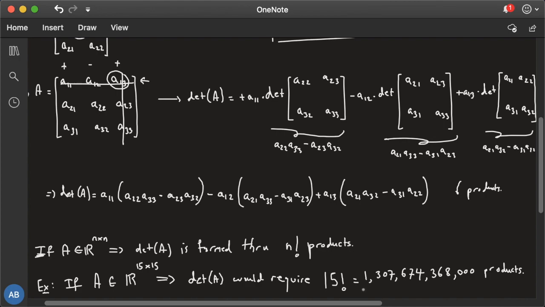That's a lot. Okay? So the thing to keep in mind is that the determinant requires a massive amount of product computation. As you can see right here, this is an unbelievably huge number of products, and it would be futile to try to use the definition of the determinant even with a computer with massive capabilities.